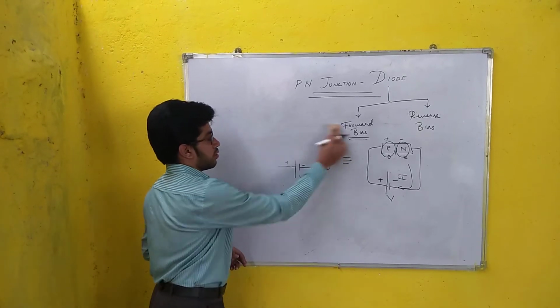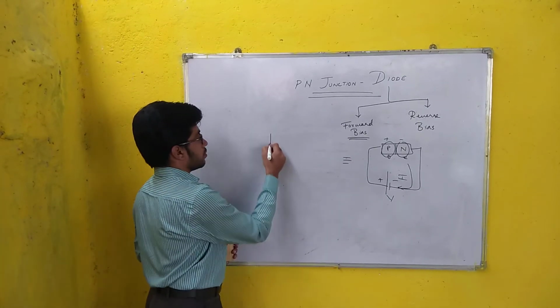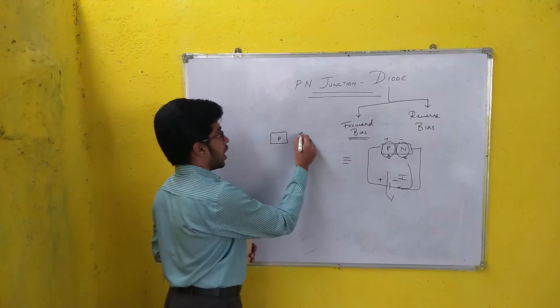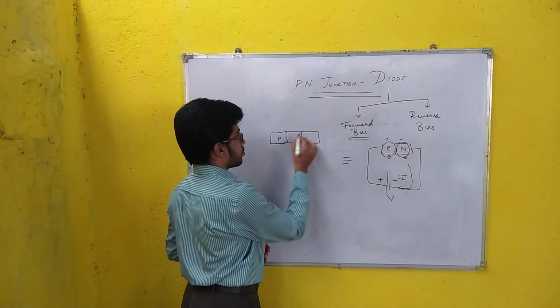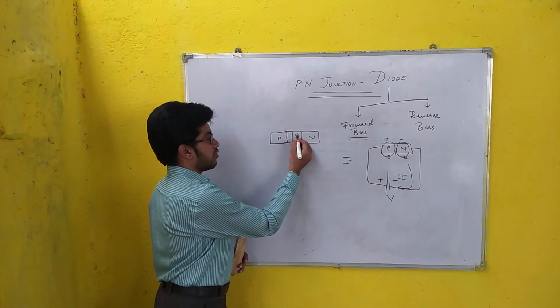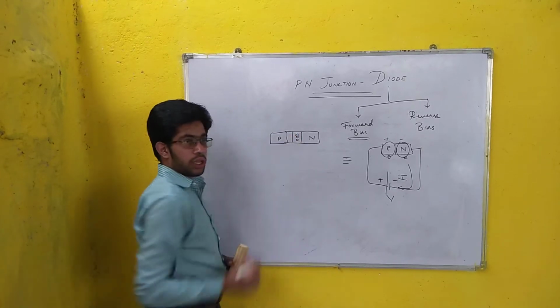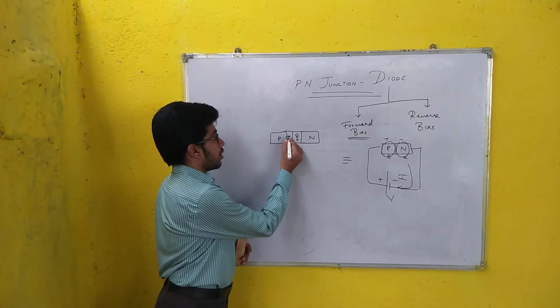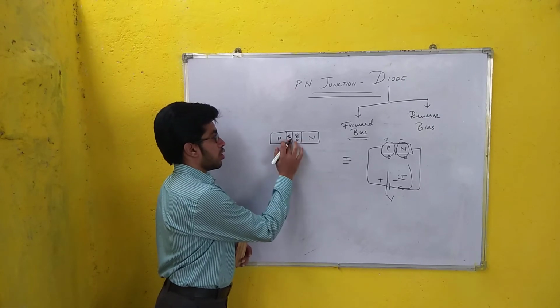So what happens is, holes of P will start to accumulate over here and electrons of N type will start to accumulate over here.